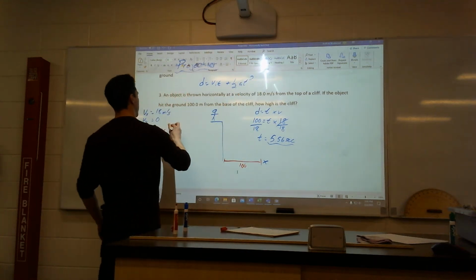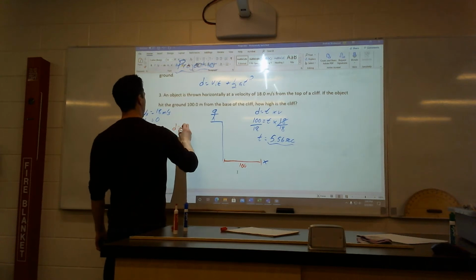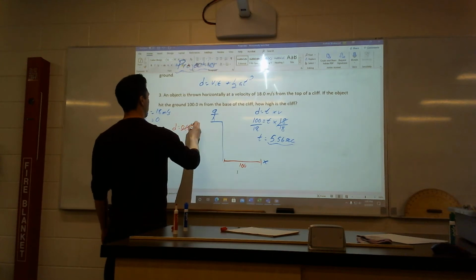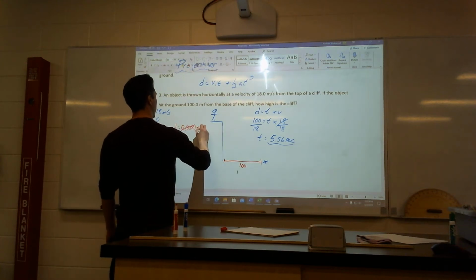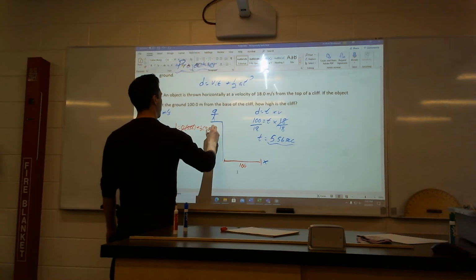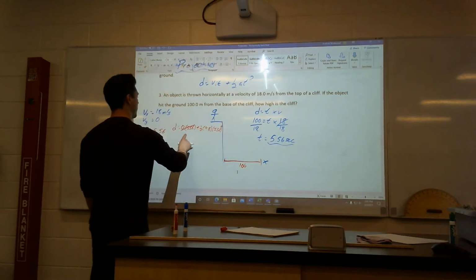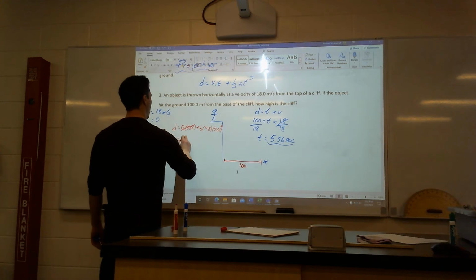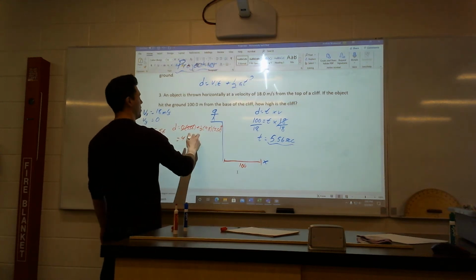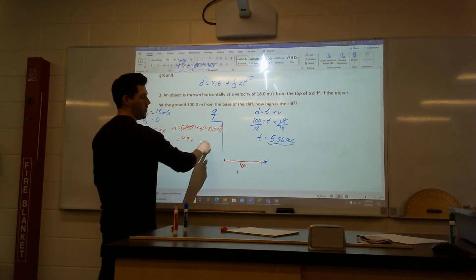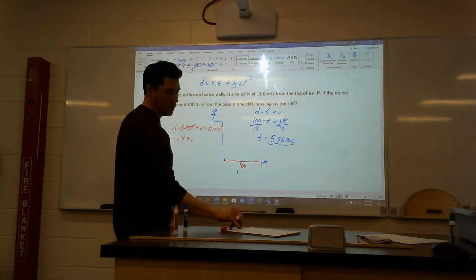I don't have my distance. d equals Vi, 0, multiplied by the time of 5.56, which is going to cancel out, plus 1/2 of 9.8 times 5.56 squared. So that first term goes to 0. I get 4.9, a half times 9.8, times 5.56 squared.